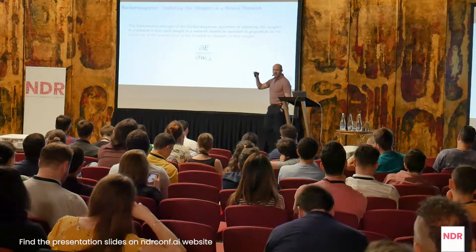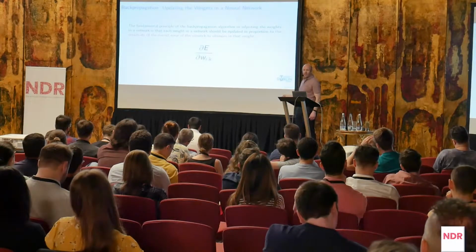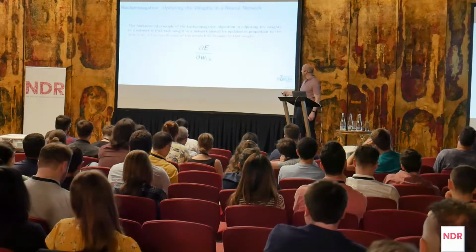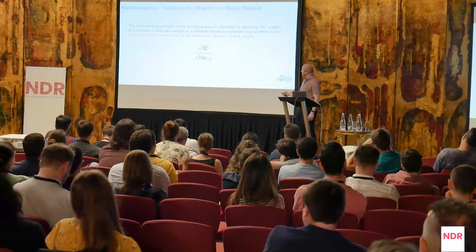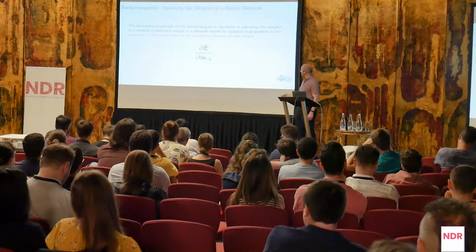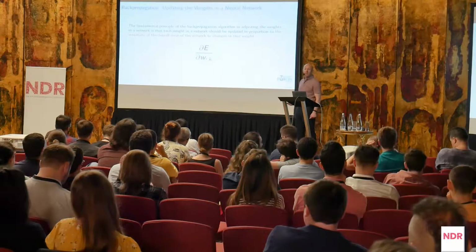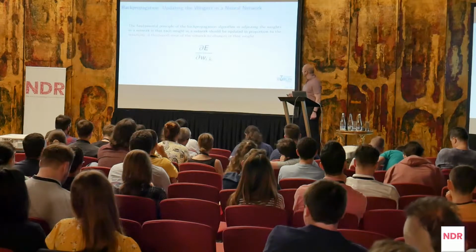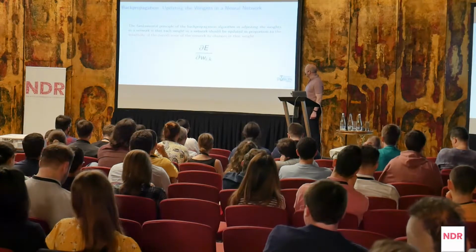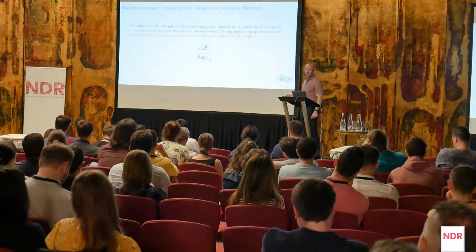That can also be written as the rate of change of the error of the network with respect to small changes in a weight, and that's why we're going to start seeing some terms from calculus. That term represents the partial derivative of the error of the network with respect to small changes in the weight between neuron i and k. And to change the weights, we need to figure out how to calculate that term.